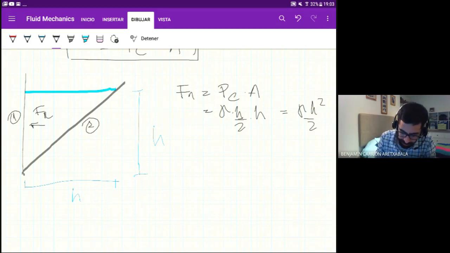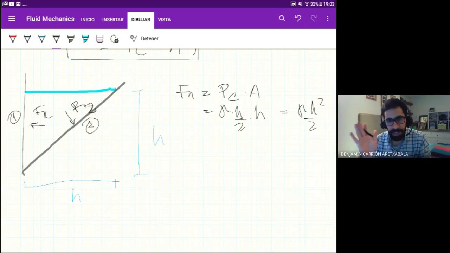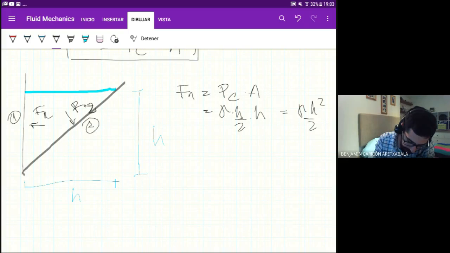Let's say we try to compute this other one, F2. Please realize that on every surface, the force acts in a normal direction.